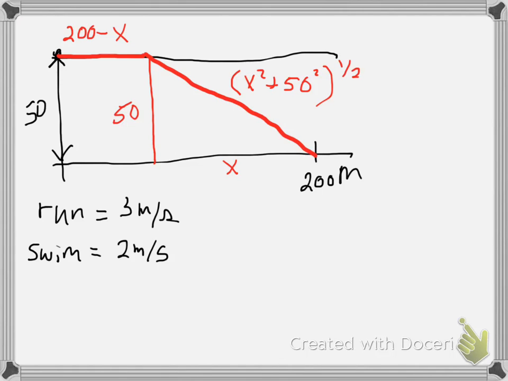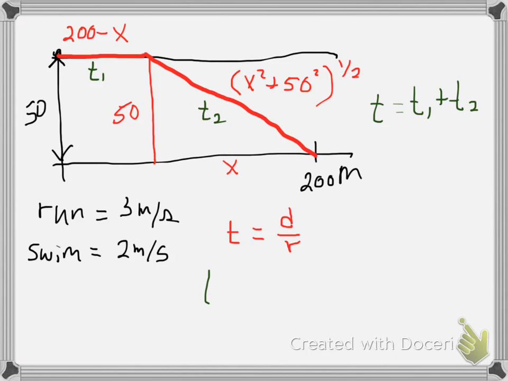Now, if we think about the time he spends, that equals distance divided by rate. Basically we can think about this in terms of two different times: the time that he runs and the time that he swims, and the total time is going to be the sum of those two times.